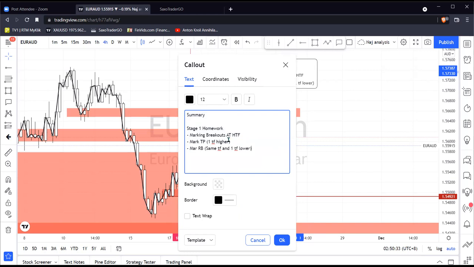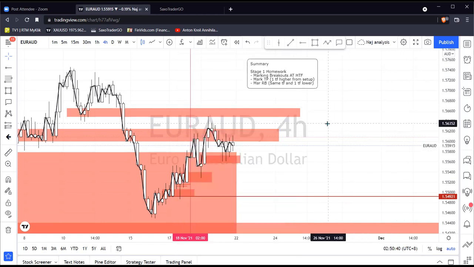One time frame higher from setup. Right, the barrier location is the same. But not all.